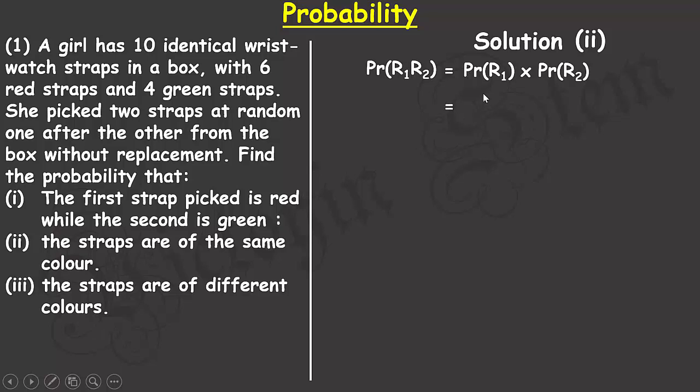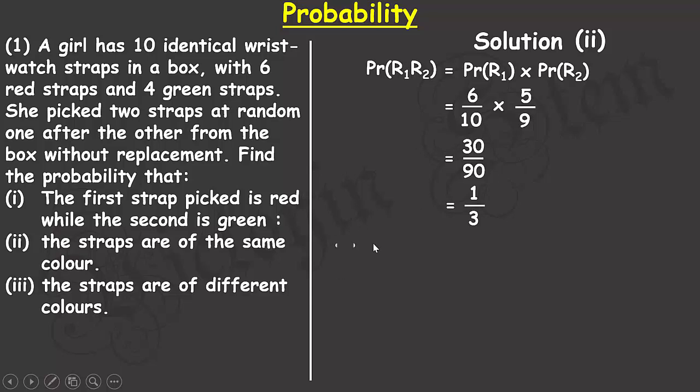Mathematically, I can represent that as the probability of picking a red strap, which is 6, since there are 6 red straps in the box, divided by the total number of straps, 10, multiplied by, because this is an event that occurs without replacement, the total red straps has reduced by 1, so she's left with 5 options at the second instance, divided by the total, which has reduced by 1, 9. So 6 times 5 is 30, 10 times 9 is 90. And then 30 divided by 30 is 1, 90 divided by 30 is 3.